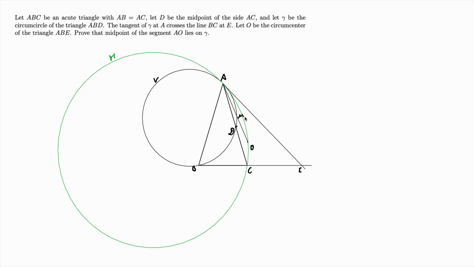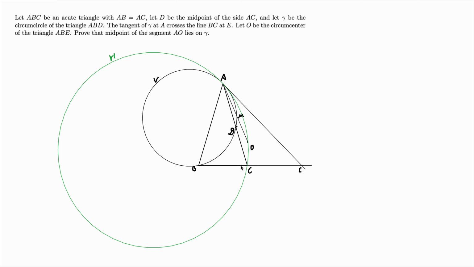If point O lies on gamma prime, then we know that AM equals MO, because AD to DC is 1 to 1, and gamma prime is increased by a factor of 2.